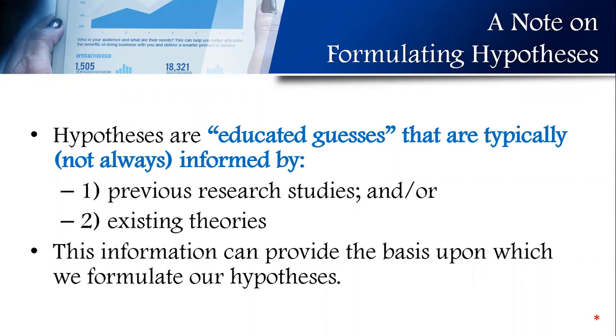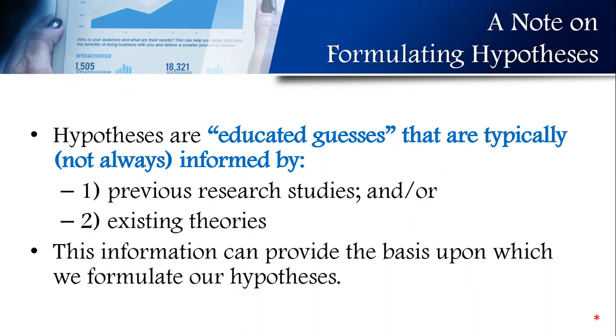I would like to follow this explanation with a brief note on formulating hypotheses. Hypotheses are educated guesses that are typically informed by previous research studies or existing theories. This information can provide the basis upon which we formulate our hypotheses.